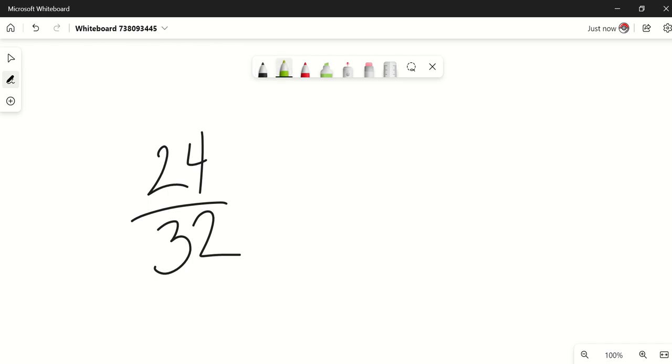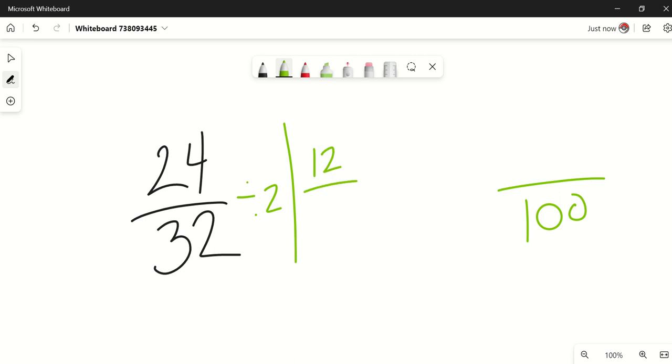I'm going to simplify this because I want my denominator to be out of 100, and I can't turn 32 into 100 right now. I'm going to divide both of these by 2 because I know they're both even and see if it gives us something to work with. This will be 12. 32 will be 16. I don't believe I can turn 16 into 100. If I divide by 4, I can divide this by 4. This will give me 4 as my denominator and 3. 3/4.